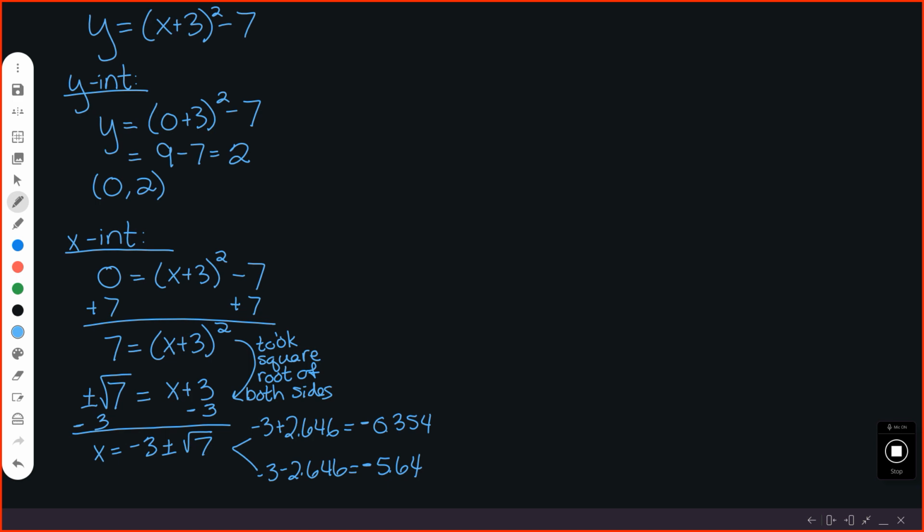All right, so now we need to find the vertex. Those are the x-intercept points. You can find the vertex, just like always, by taking the average of those two points. However, you don't actually need to.